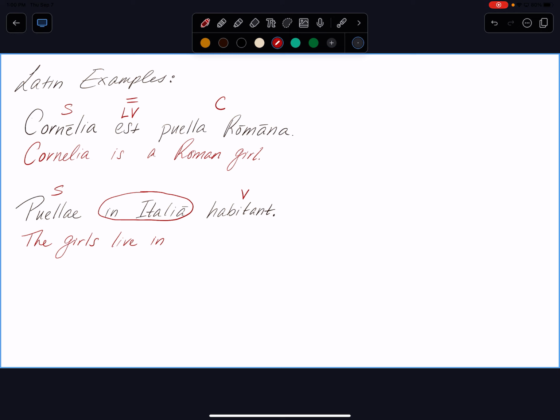If it's NT, it's plural. And that's going to get to the next thing we're going to talk about. What is boys again? It's puer for singular and pueri for plural. Yeah, it's a weird word, but we're not going to get to that declension just yet. So girls live in Italy. All right, any questions on this?